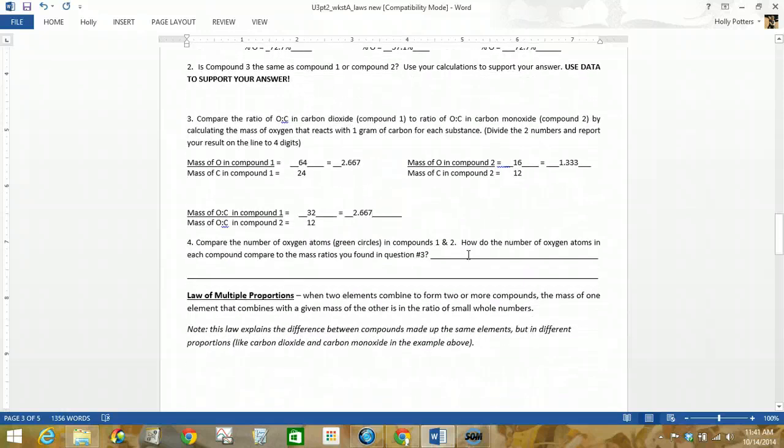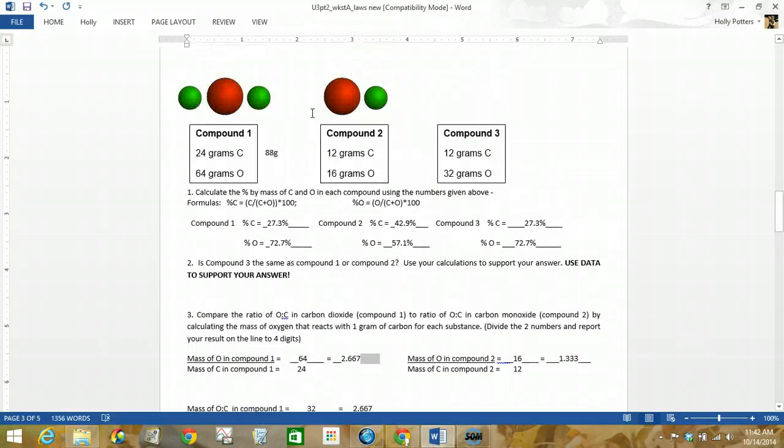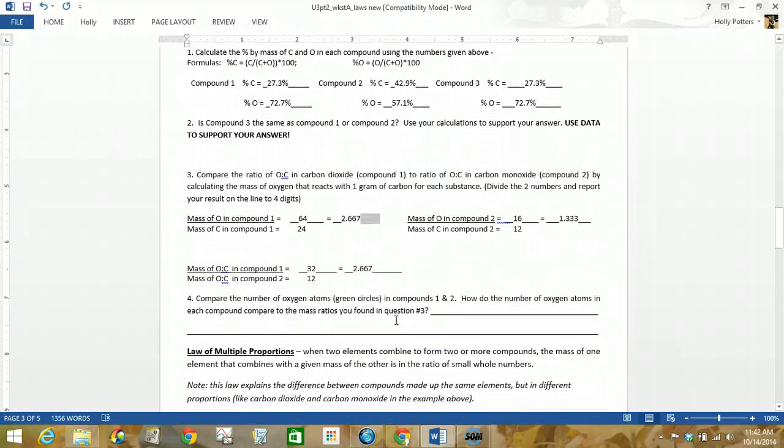So if we take a look at our numbers, notice the mass ratio for compound 1 versus 2, well, this is actually twice the number, so 2.667 is twice this value. And so it appears that we have double the amount of oxygen atoms, we also have double the mass ratio. And so we can see that from these numbers here. So that's what question 4 is getting at.